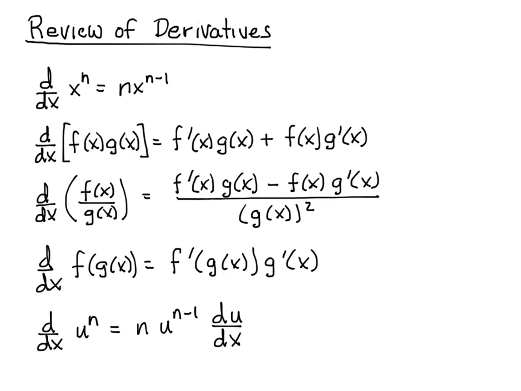And then we have a generalization of the power rule where we combine it with the chain rule: if we have some function u to the n, the derivative of this is n u to the n minus 1, times the derivative of u. So this is both the power rule and the chain rule.